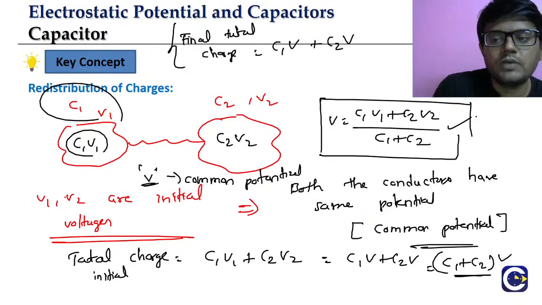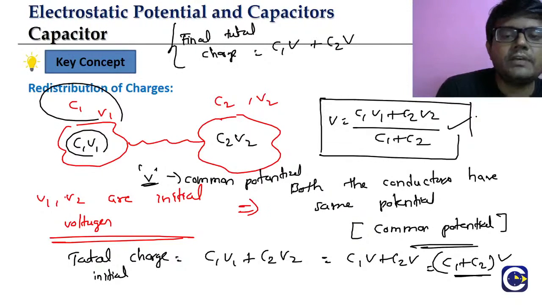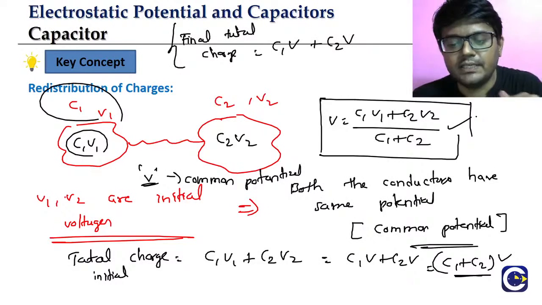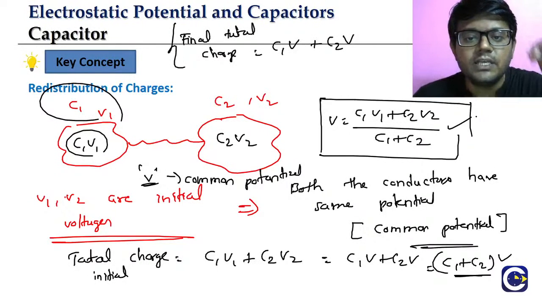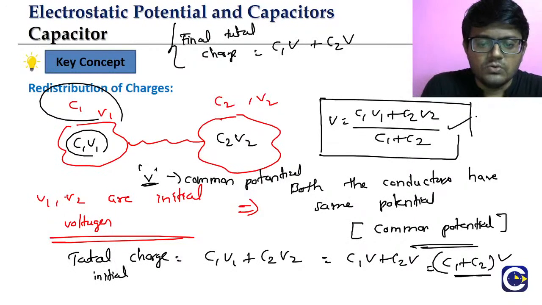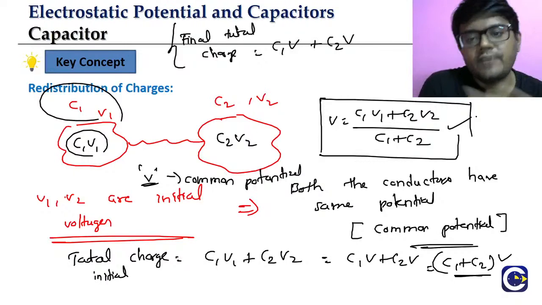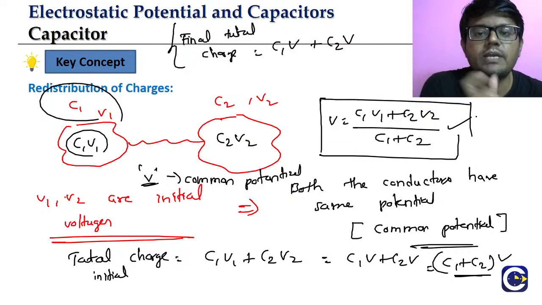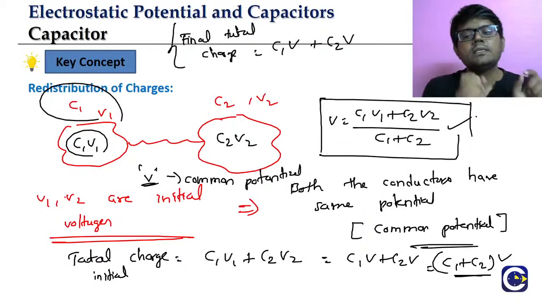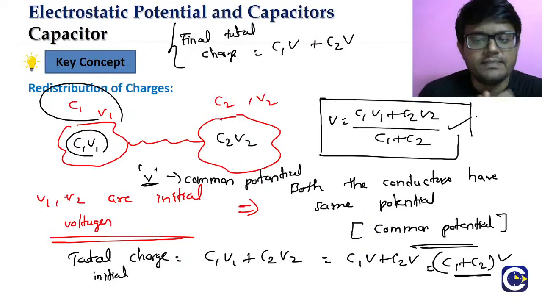So the common potential value is C1 V1 plus C2 V2 divided by C1 plus C2.